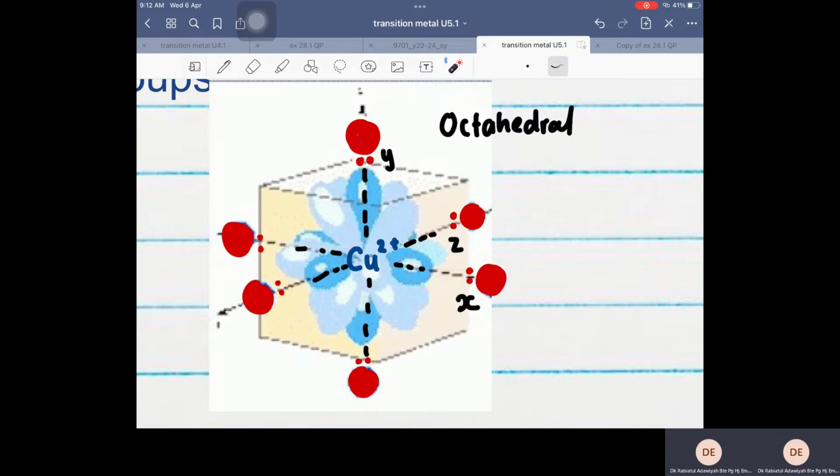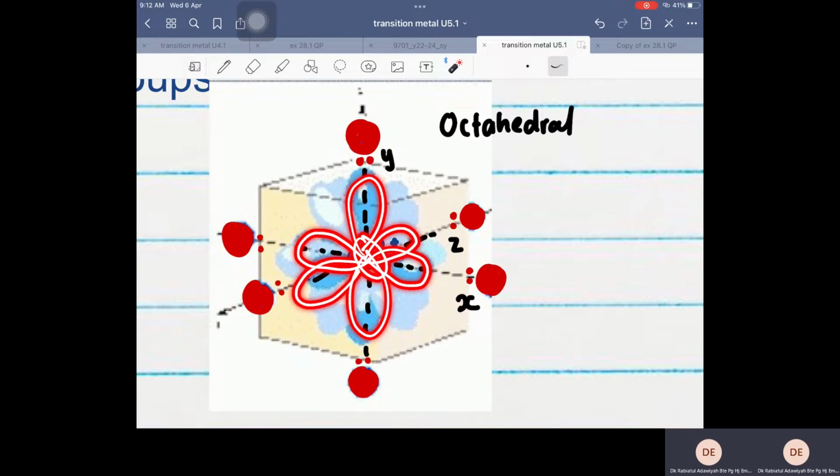The orbitals that sit on the axis will feel the most repulsion. Imagine, who are the 2 orbitals that sit on the axis? X squared minus Y squared, and then the other one, which is dz squared, that ring at the center.